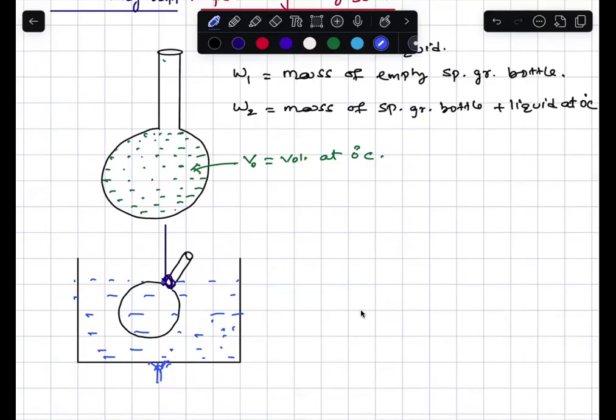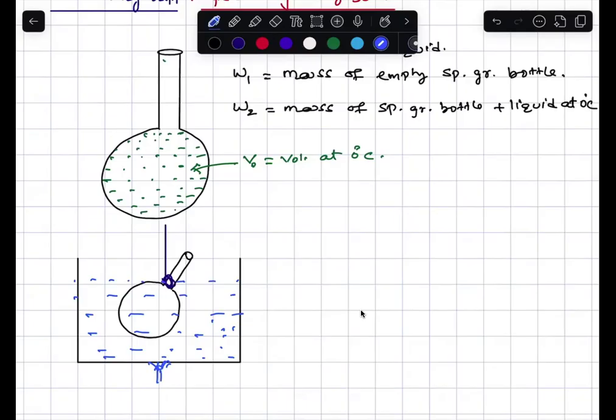If I don't heat it in this way, you are expecting me to place that entire container over some burner. In that case, uneven heating takes place. In this case, even heating takes place. That is the reason. You should ask me a question like that. His intention is, why not directly heat the specific gravity bottle? Because I want to heat this uniformly.